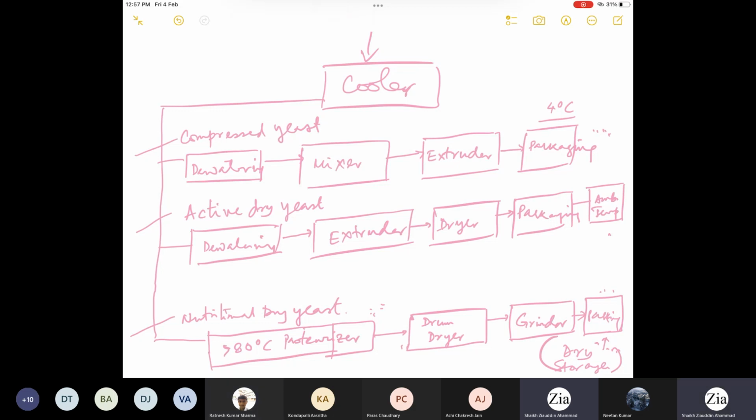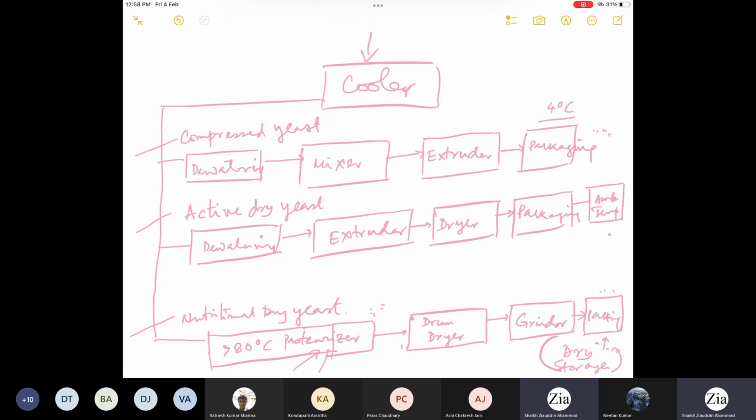And pasteurization is done because when you talk about nutritional dry yeast, your end product is a dry powder which you will either add directly to the food, or have as a food supplement. So you have to make sure that no other pathogens or contaminants are present in this material. That's why you do the pasteurization, to eliminate the possibility of any other contaminants.